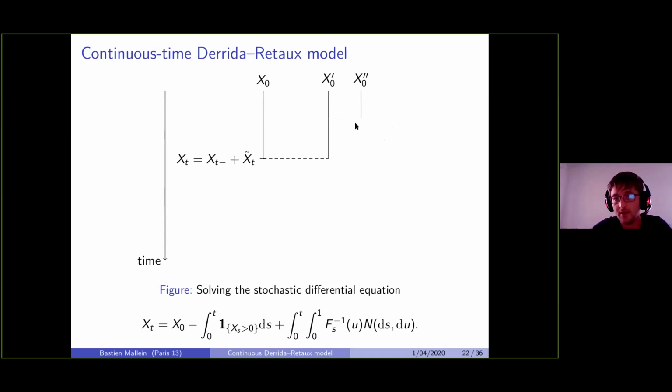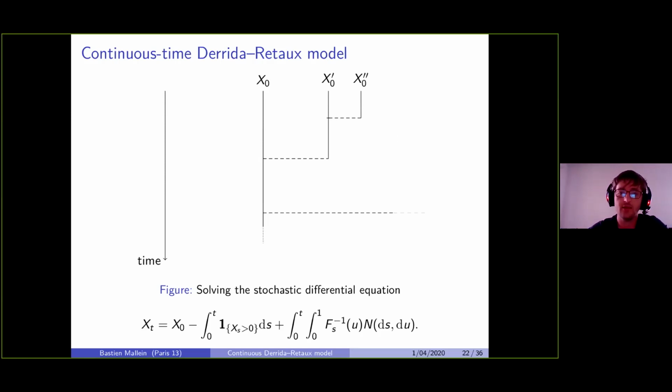Then I put the mixture, I lose mass at rate 1 again, and I construct my random variable X tilde t. So you can really do it, and this construction stops: in finitely many steps, you can construct the random variable X_t that way.